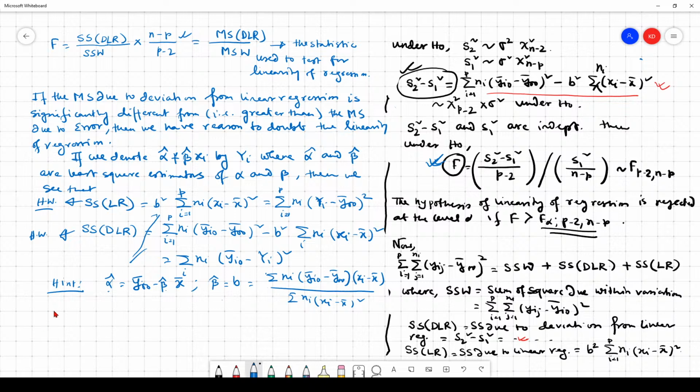So now the ANOVA table for linearity of regression.